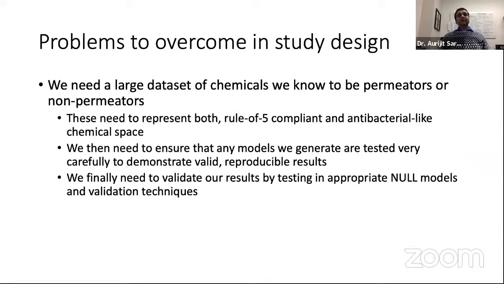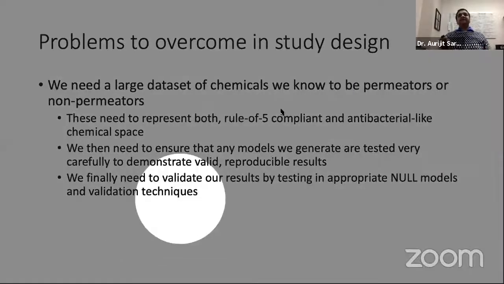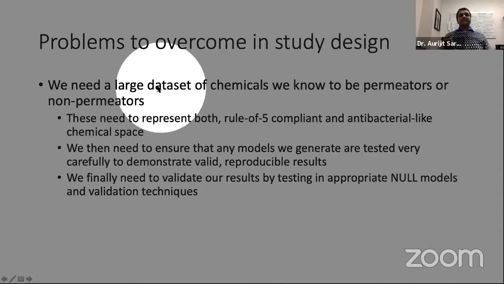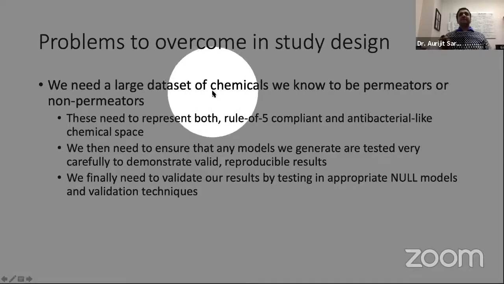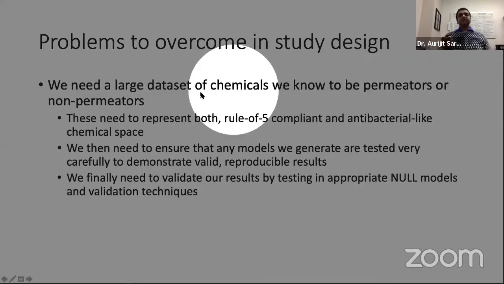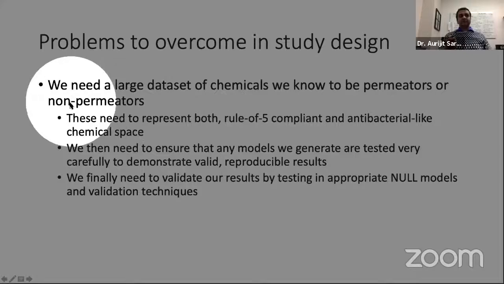Right, so in order to address this problem, we need a study design which has to be based on a large data set of chemicals, which we know can or cannot permeate through the bacterial outer envelope.